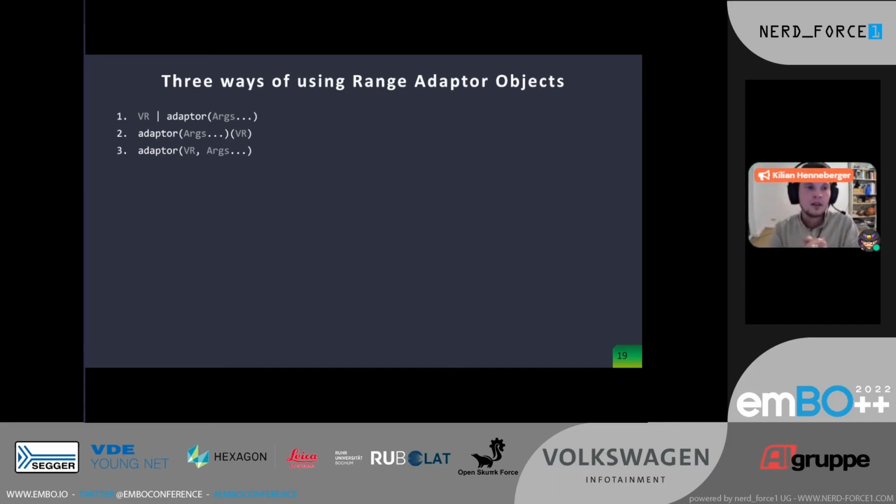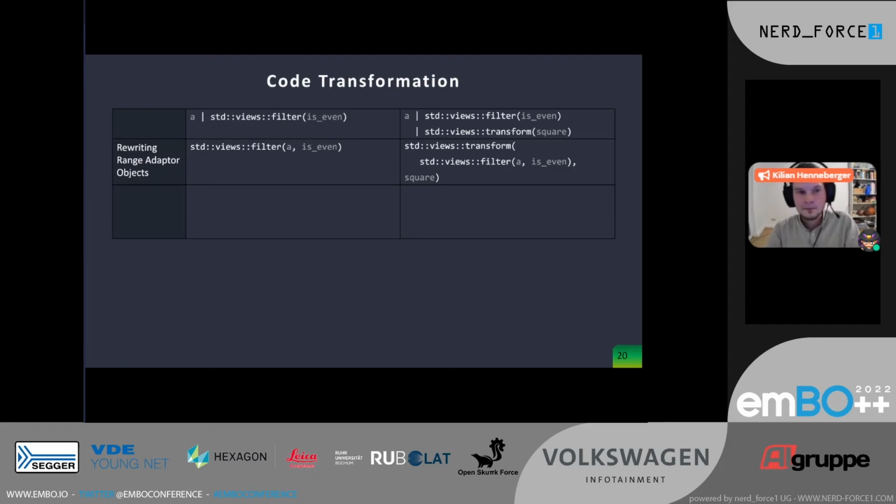Or the last way is to call the adapter first with the container and then with all the arguments. And syntactically that's all the same. So we use this rewrite of our range adapter objects to switch from the first syntax to the third one now. Okay, and got that one.